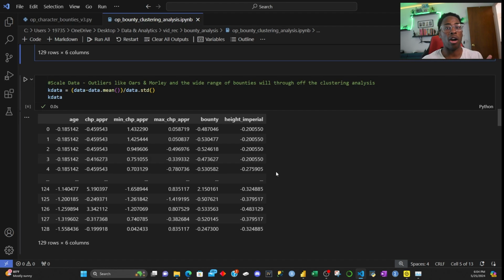And in that way, the algorithm is more easily able to identify who should go into certain groups based off of how different they are from the typical data point for that attribute. And so here we have the standardized data. Usually what this falls into in terms of number ranges is like -3 to 3, with 0 being the mean or the average.